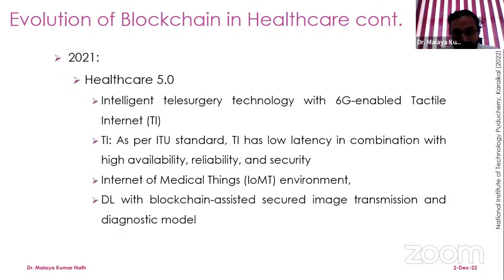But the Internet of Medical Things looks into the images and the videos, and it can do intelligent telesurgery due to the development of communication technology, that is 5G or beyond. So DL with blockchain-assisted secured image transmission and diagnostic models plays a very vital role here.